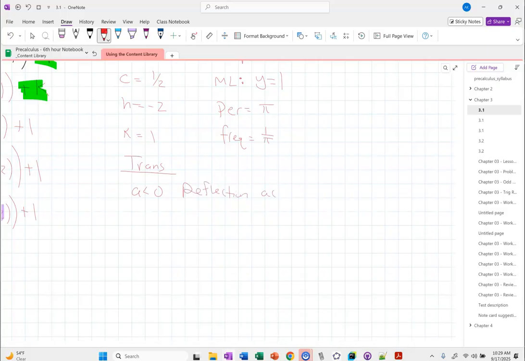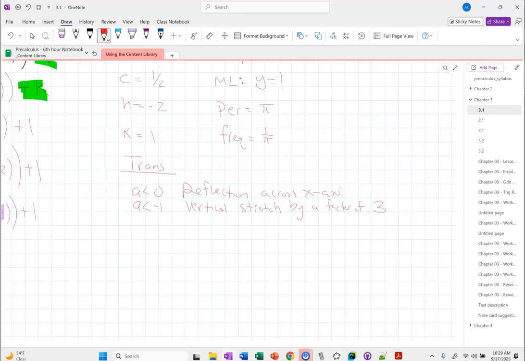And then A is less than -1, so it's a vertical stretch by a factor of 3. It's absolute value still. You can't have a factor of a negative number. But great.